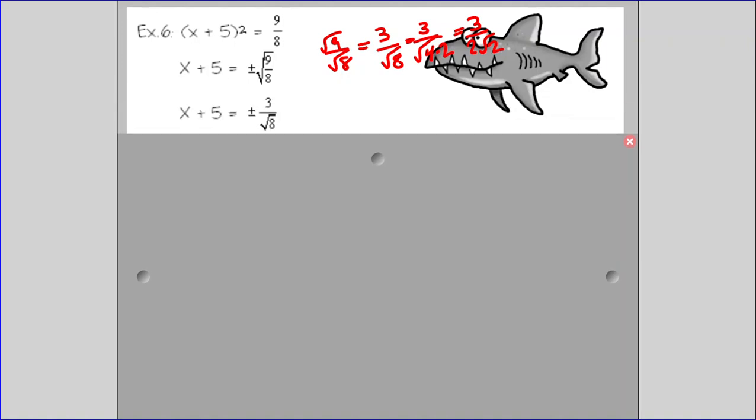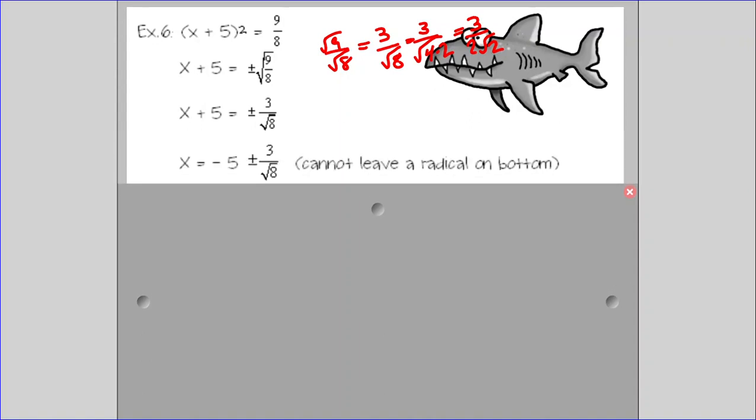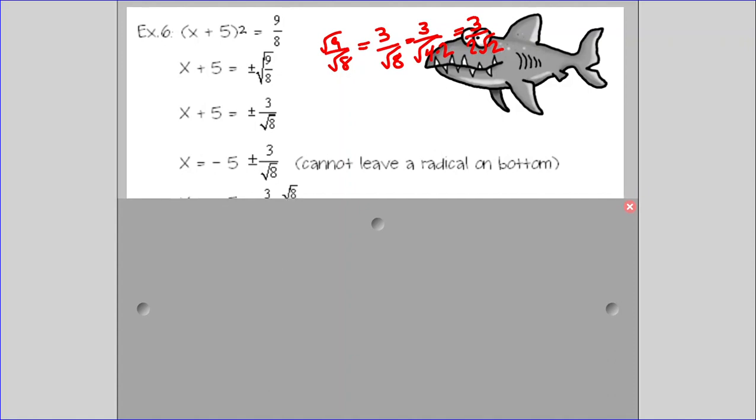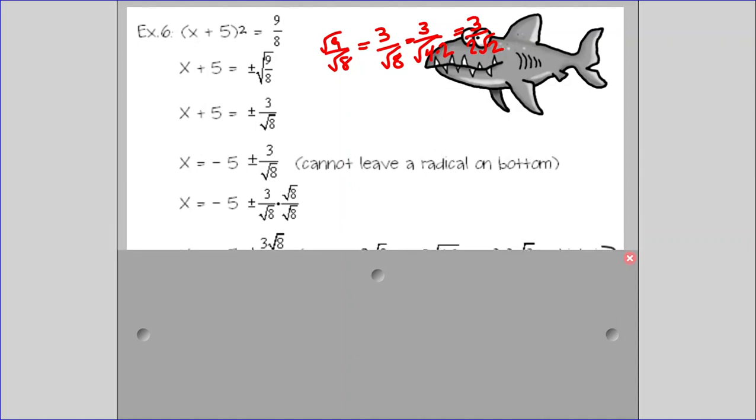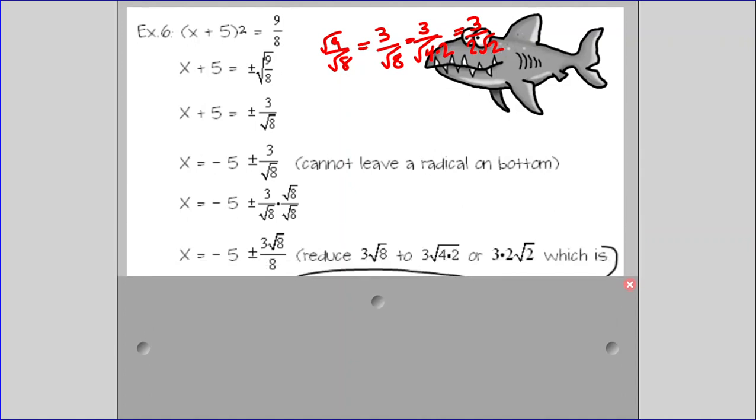So here, there's my 3 over root 8, okay, the plus or minus from the square root term. Then minus 5 plus or minus 3 over root 8, where I cannot leave a radical on the bottom. So I have root 8 over root 8, okay, rationalizing that expression. And then 3 root 8 over 8, keeping in mind that the root of 8 can really be broken down a little bit further.